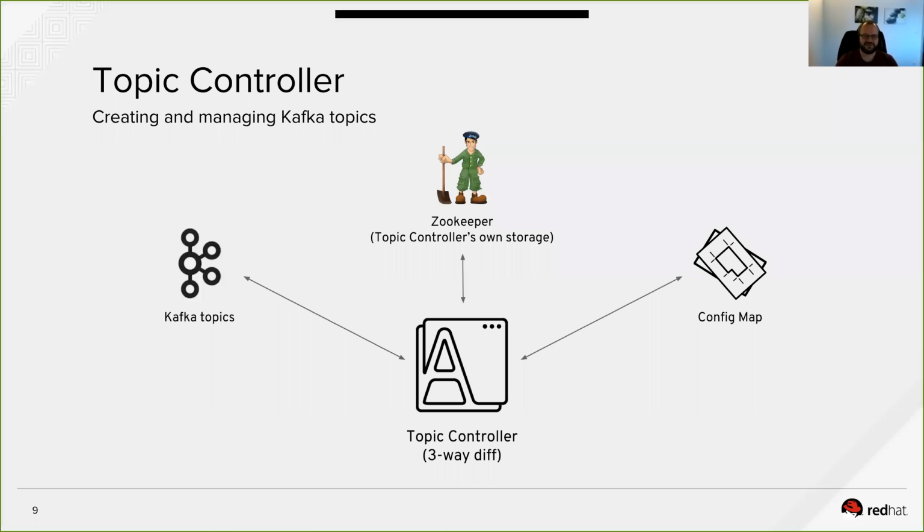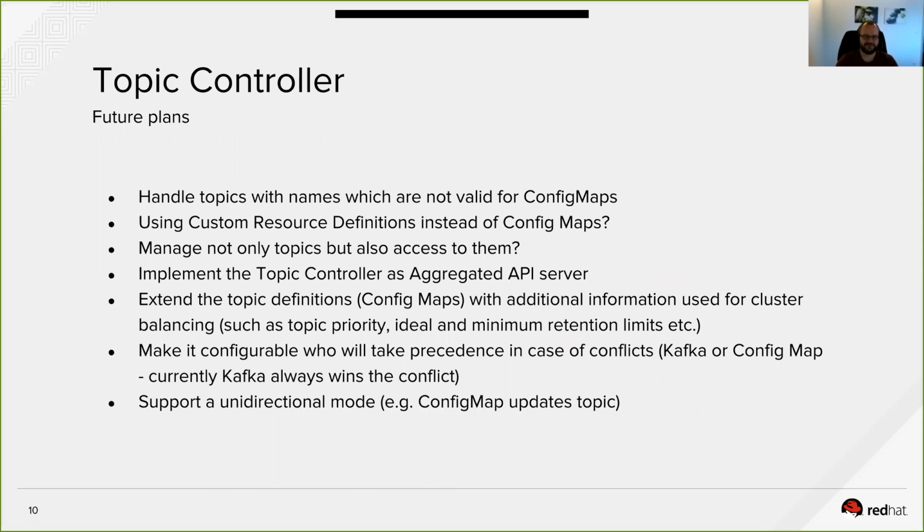So the topic controller basically reads the information and then uses Zookeeper as its own information storage to make sure that all this information is diffed properly. And yeah, we also have some further development plans here.